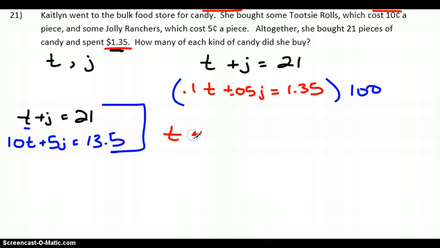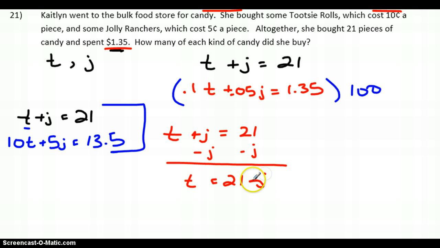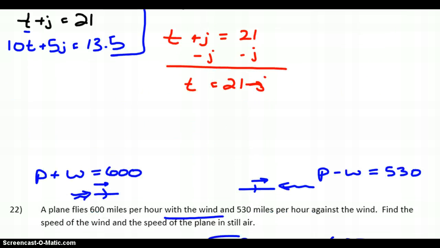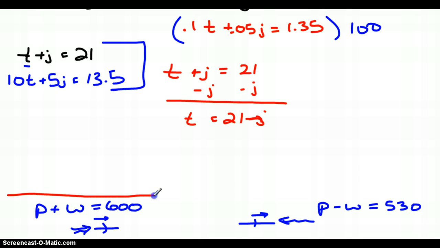So t plus j equals 21. Let's subtract j from both sides. So that gives me t equals 21 minus j. I'm drawing a line right there.